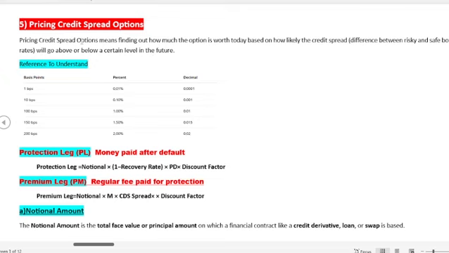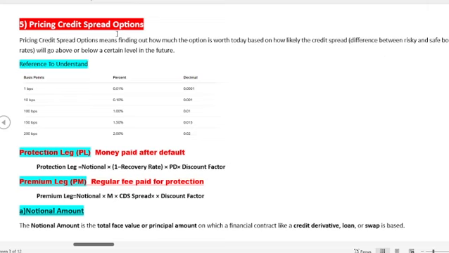We have already understood the credit spread: the difference between the risky bond and the safe bond.